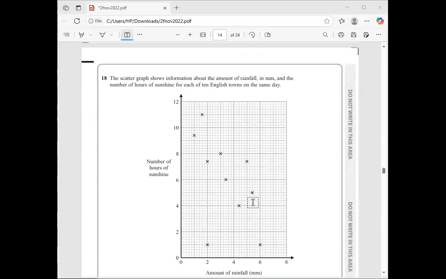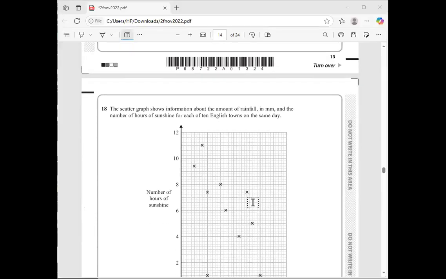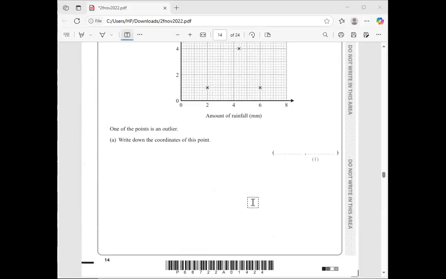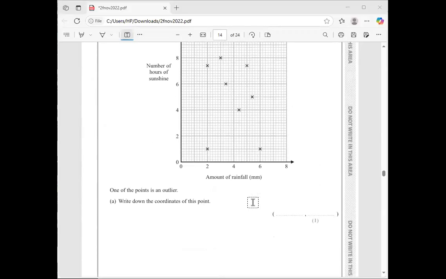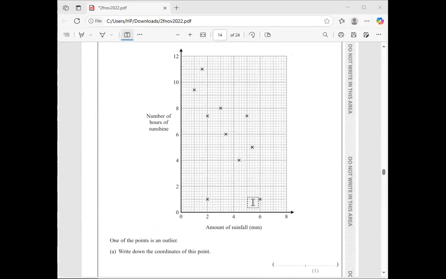One of the points is an outlier. Now, what's an outlier? An outlier is usually, let me see if I can give you some examples you can relate to. Did you get what I explained as outlier? Did you hear my definition?